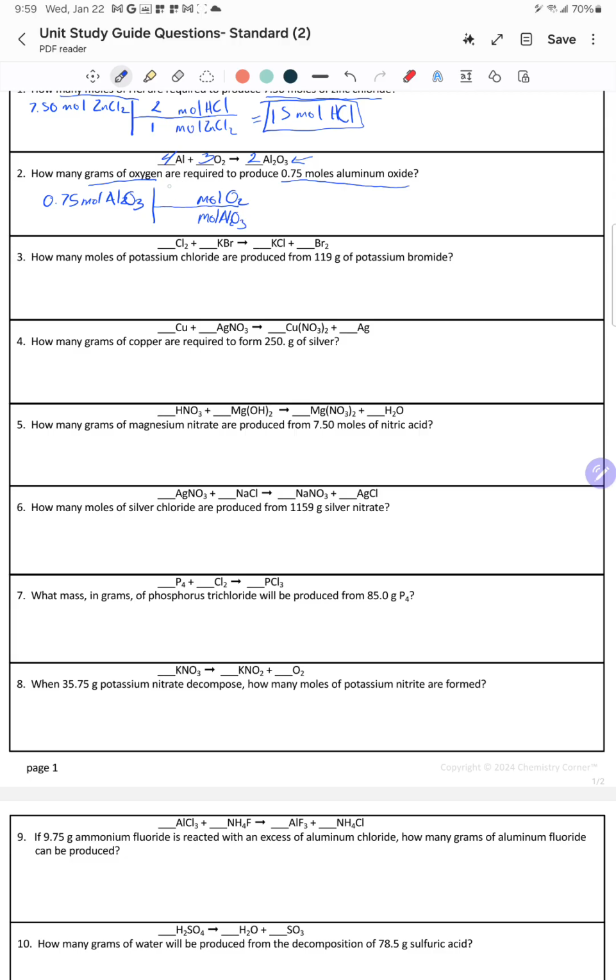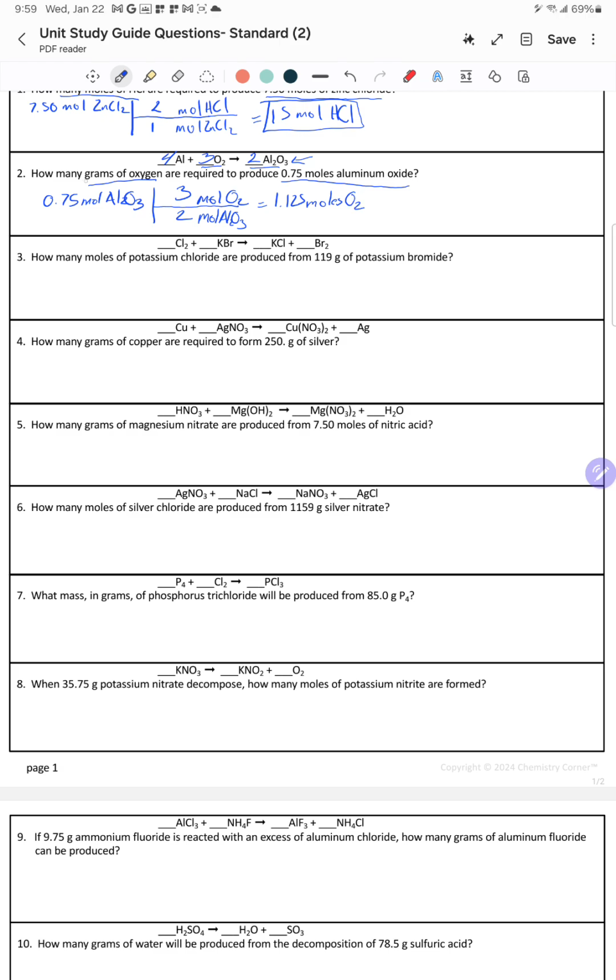We look at our balanced chemical equation to find our ratio. Oxygen is a 3, aluminum oxide is a 2. So we multiply by 3 and divide by 2. This gives us a lovely total of 11.25 moles of O2.